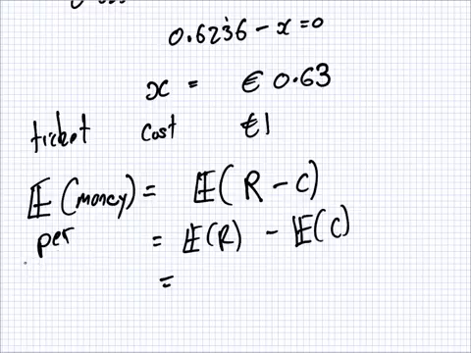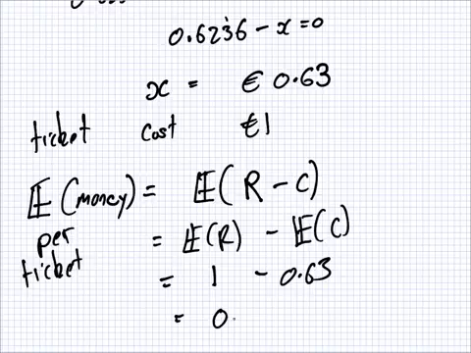The expected revenue is always €1. But the expected cost, that's how much you have to pay out, that's 63 cents. So the profit is 0.37 euros. Each ticket represents 37 cent profit, not for the customer, for the business.